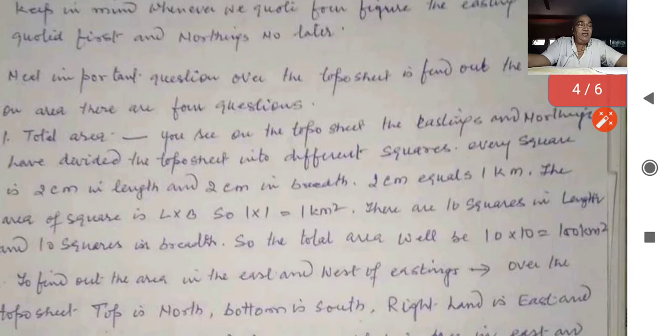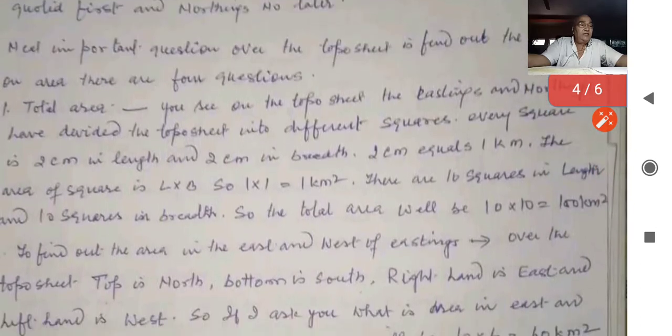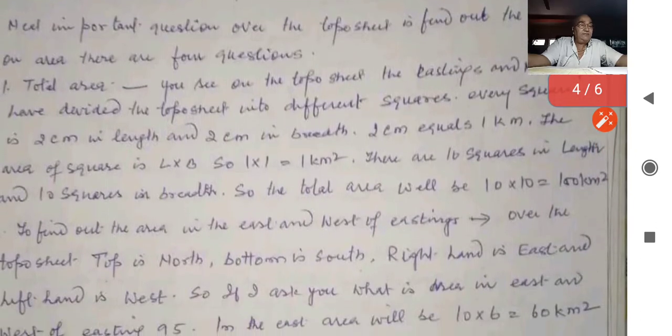You see on the topo sheet, the eastings and northings have divided the topo sheet into different squares. Every square is 2 centimeter in length and 2 centimeter in breadth. 2 centimeter equals 1 kilometer. This I have told you in the scale question.